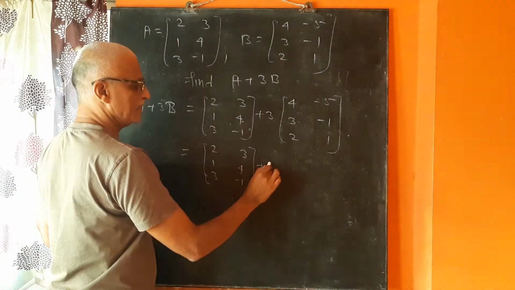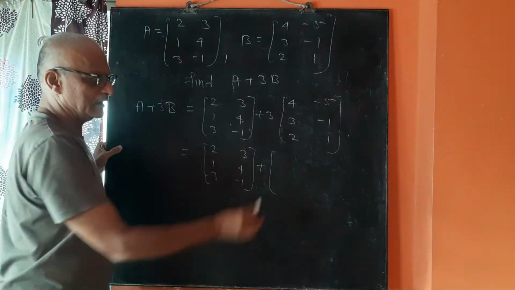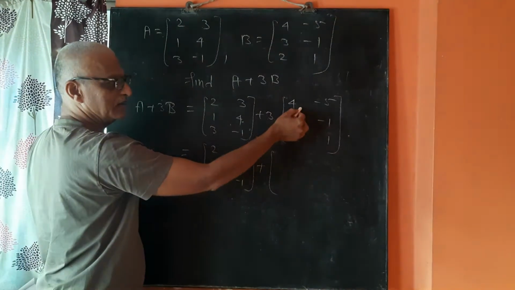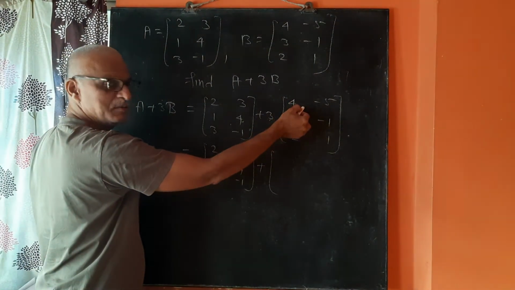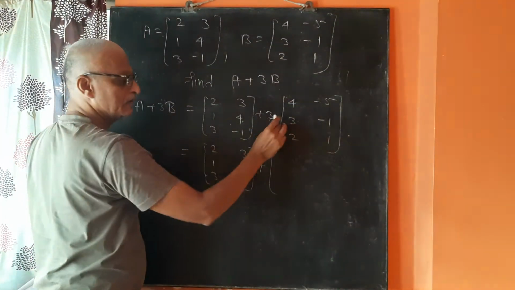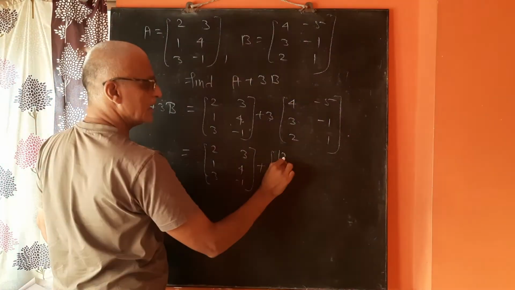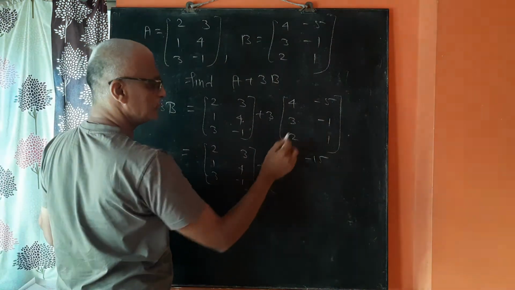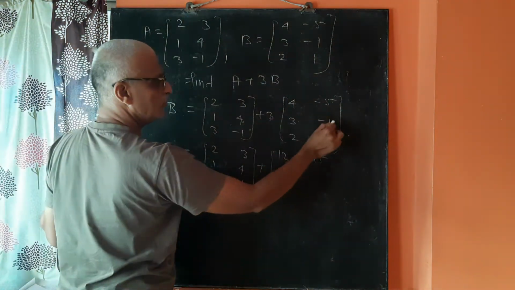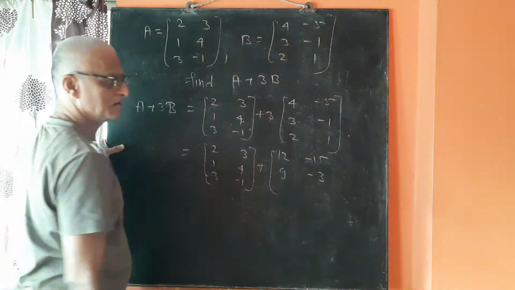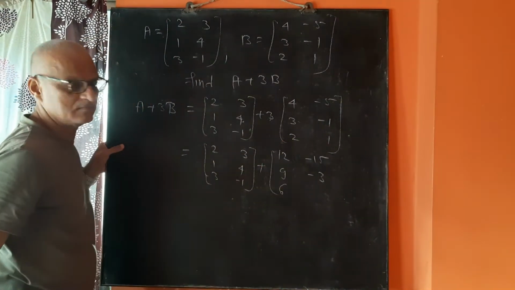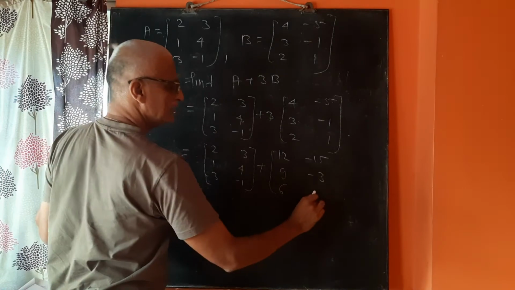Plus a matrix where we again apply the scalar multiplication. Take this 3 inside and multiply 3 with the elements inside. You get 3 into 4, that is 12. 3 into minus 5 is minus 15. 3 into 3 is 9. 3 into minus 1, minus 3. 3 into 2, 6. 3 into 1, 3.